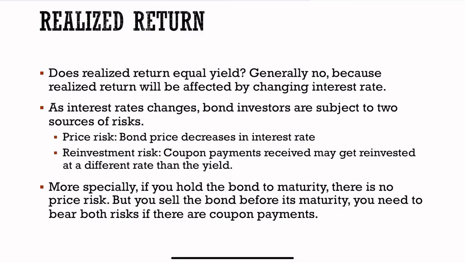But if you're not holding your bond to maturity, let's say you have a 30-year bond and you will sell it after 10 years, in this case, generally, you will have to face two kinds of risks. You could suffer from the price risk after 10 years, and you will definitely face this reinvestment risk.